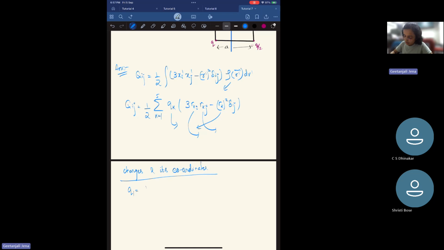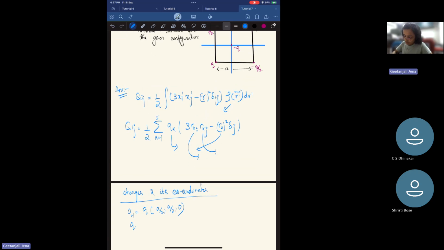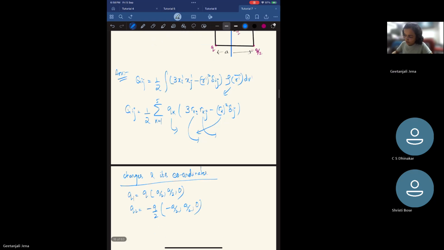Q1 is the charge Q at (A by 2, A by 2, 0). Q2 is minus Q by 2 at (minus A by 2, A by 2, 0).